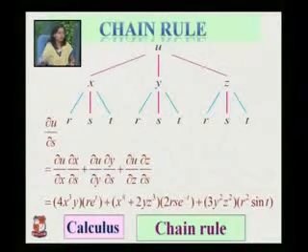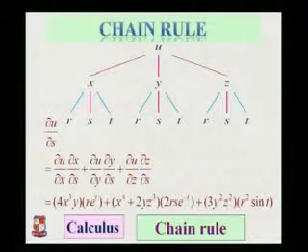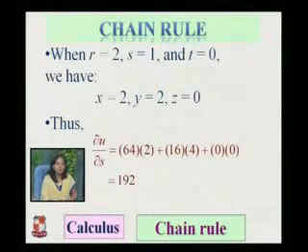So you can see that, now we can substitute the values r is equal to 2, s equal to 1 and t equal to 0. So we have x is equal to 2, y is equal to 2 and z equal to 0. Thus del u by del s is equal to, the answer is 192.